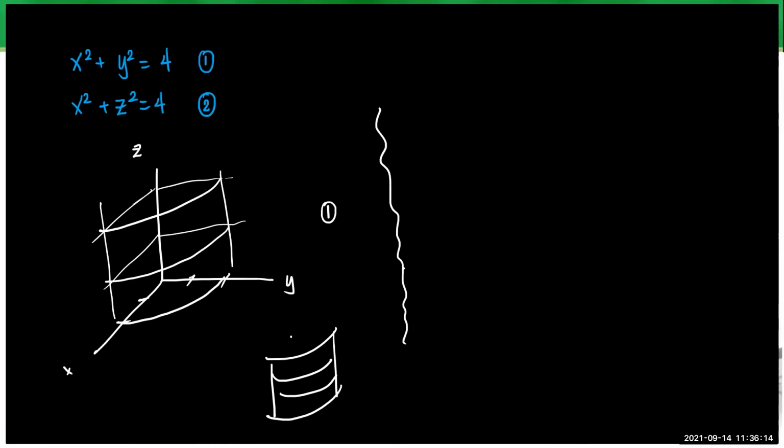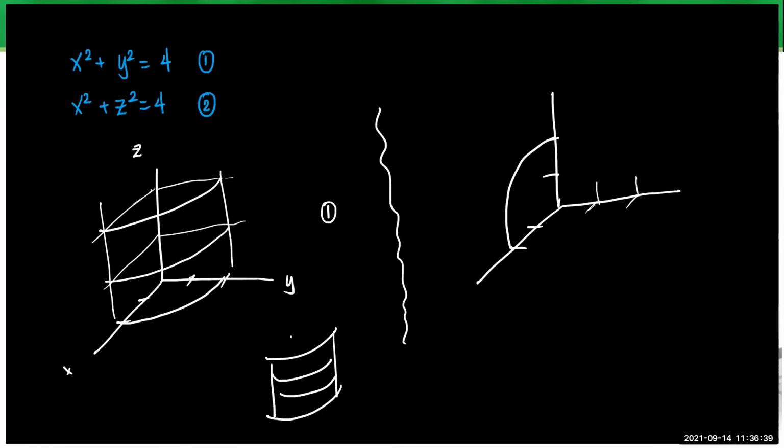Now, we would want to intersect it with drawing number 2. How does drawing number 2 look like? X squared plus z squared daw. So x is 2, z is 2. So obviously, it's this one. So wala tayong letter y. So that means we can draw this one.